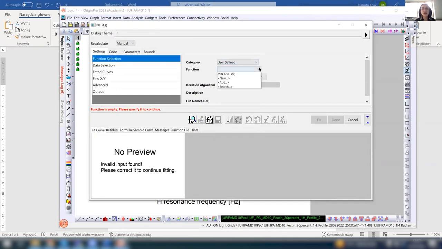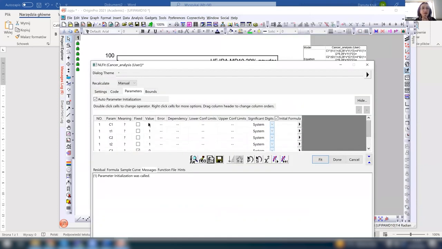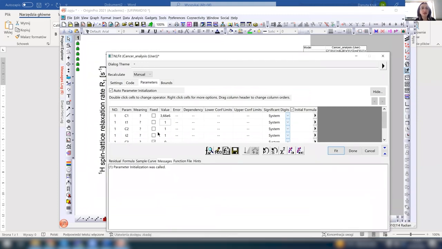It's again user defined. It's this, parameters, and let me just copy those parameters. So I will have like 0, 0. Here I will have 13. Then what we have here is like 3.66. It will be funny. 3.66. 272 minus 6.